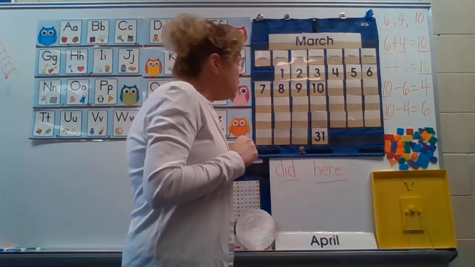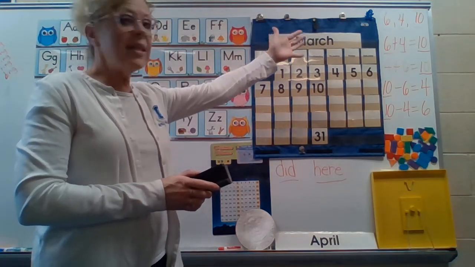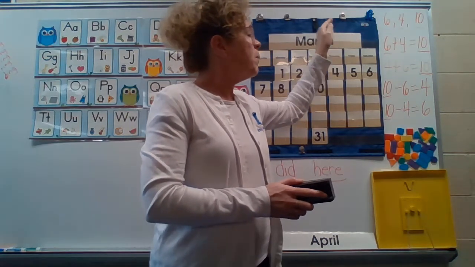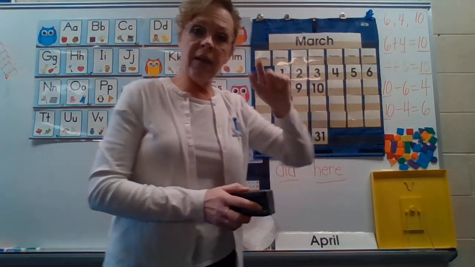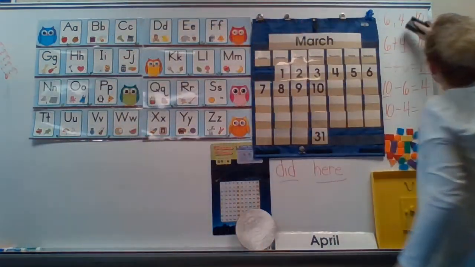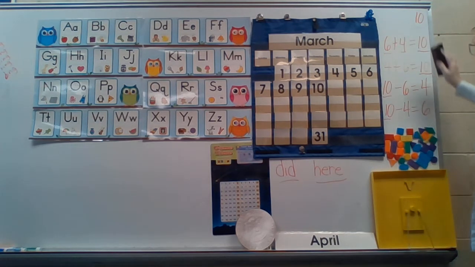All right, so I told you we were going to work on fact families this week, and we did this fact family earlier in the week, and we used the numbers 6, 4, and 10. And I told you that I could make other fact families and still use the number 10, but I need to change the first two numbers because I need something else that adds up to 10.